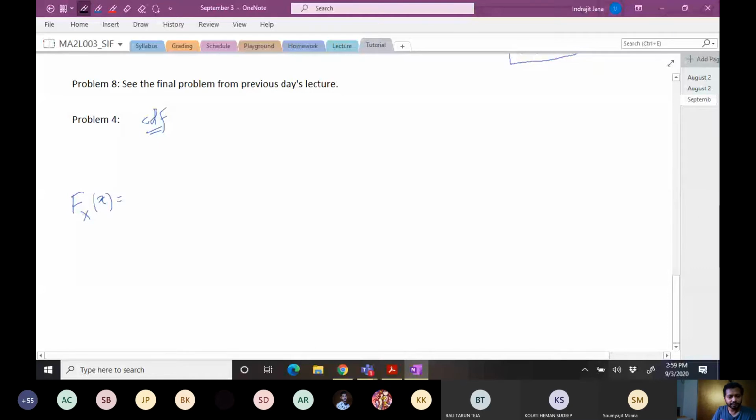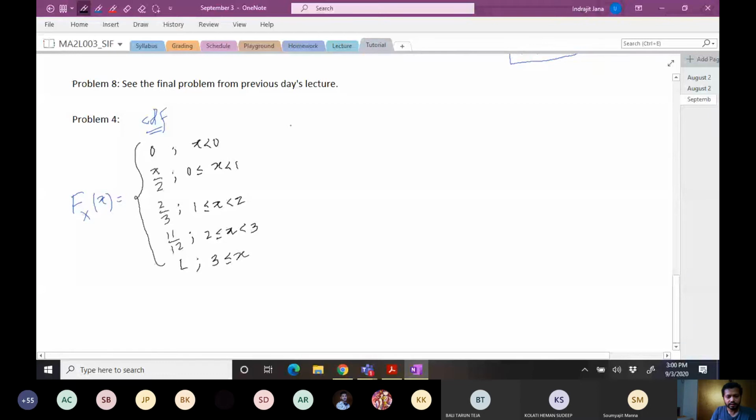Okay, so this is given as 0 if x is strictly less than 0, and then x over 2 if x is between 0 and 1, strictly less than 1, and then 2 over 3 if 1 is less than or equal to x, strictly less than 2, then 11 over 12 when x is greater than or equal to 2 but strictly less than 3, and 1 when x is bigger than or equal to 3.